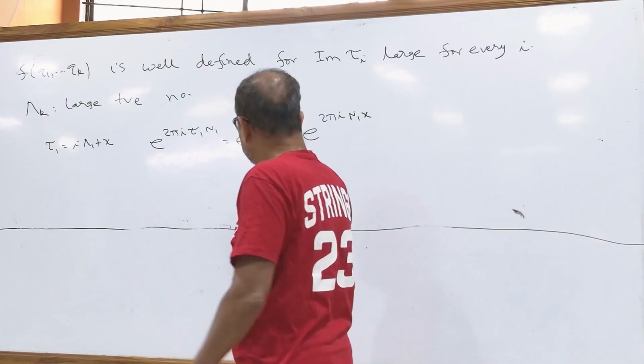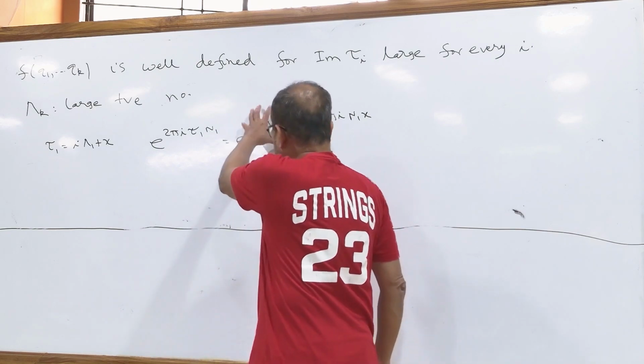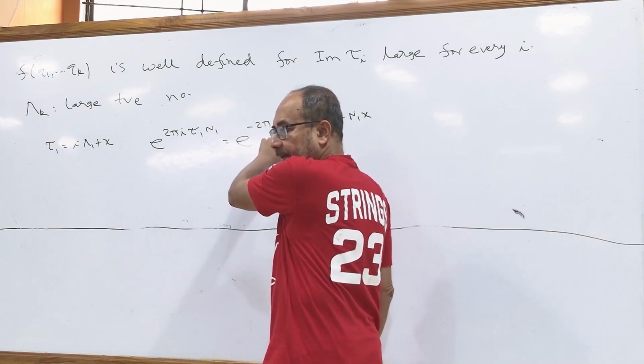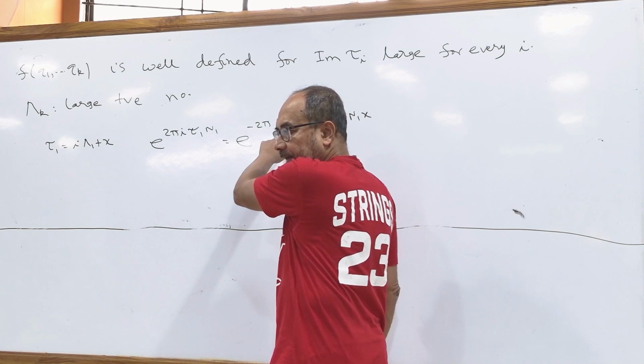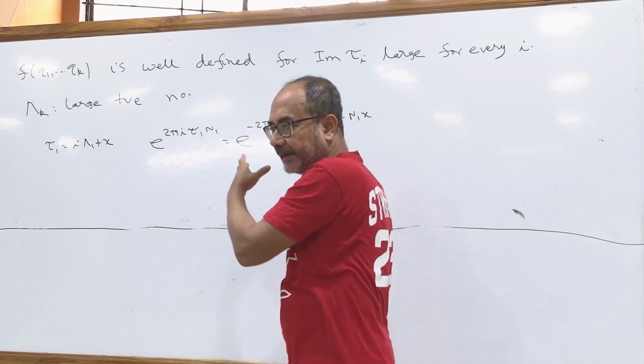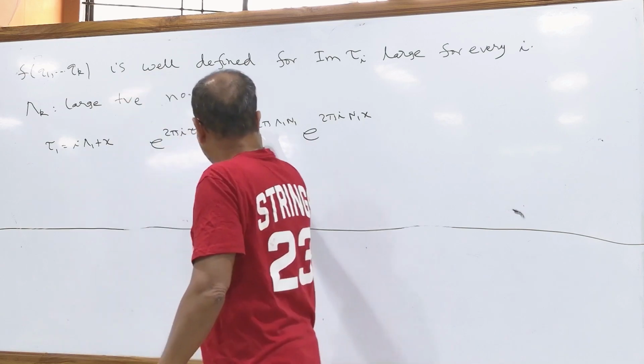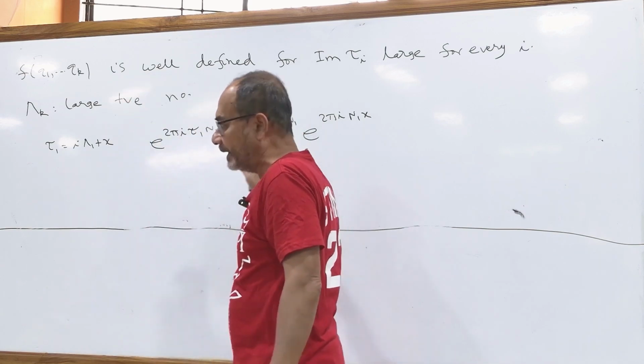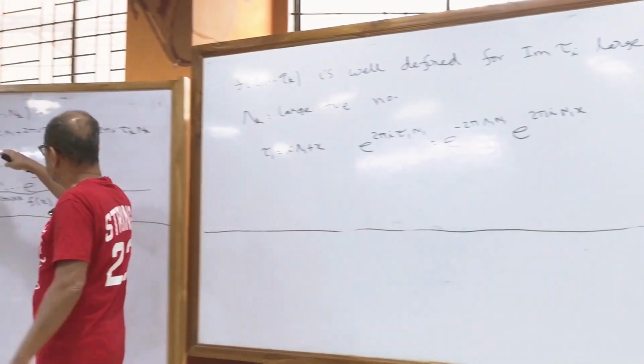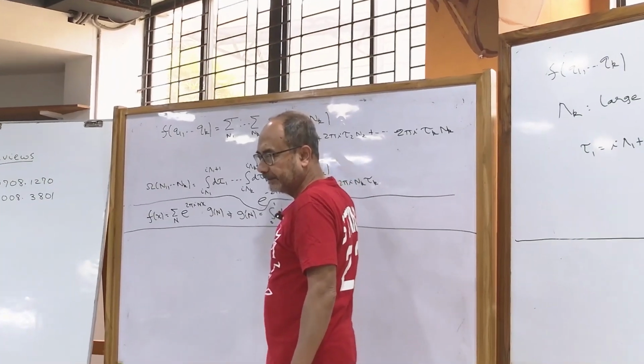Now, if lambda 1 is large, then this is small for large n, because this is falling off exponentially. It will be minus a large number, which is small. So if lambda 1 is large, then for large n it is suppressed, and hence this sum that you see here will converge.